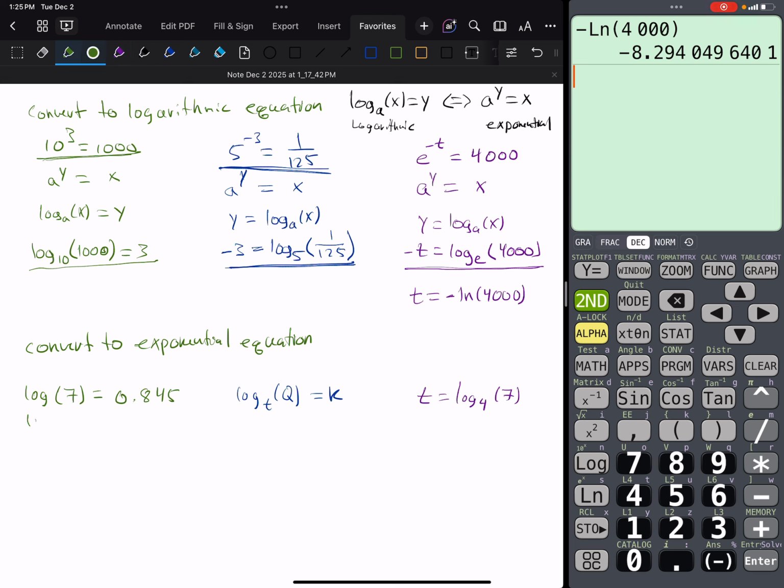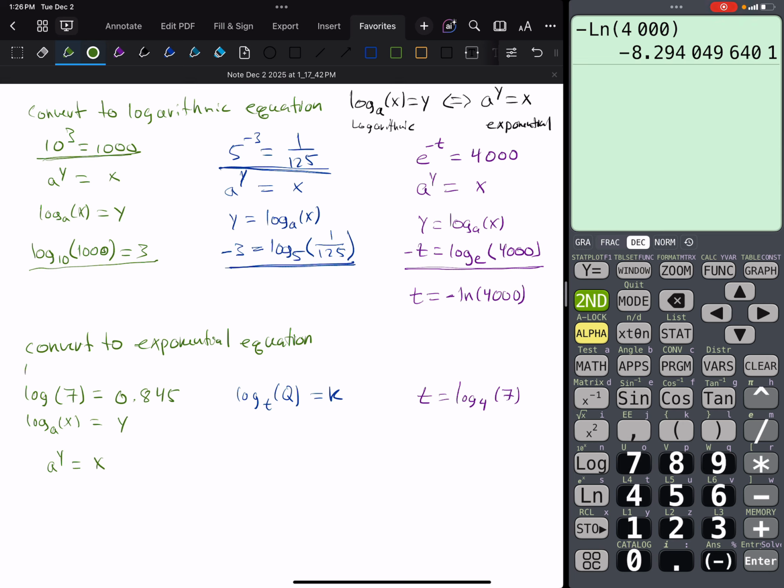Okay, now let's try going the other way. Now I have log base a of x equals my y, and that's going to become a to the y equals x. Well, okay, so it's going to be 7 to the 0.845 equals, I'm sorry, I said 7. That's not my base, right? That's a big silliness. This log without a base written is the common log, right?